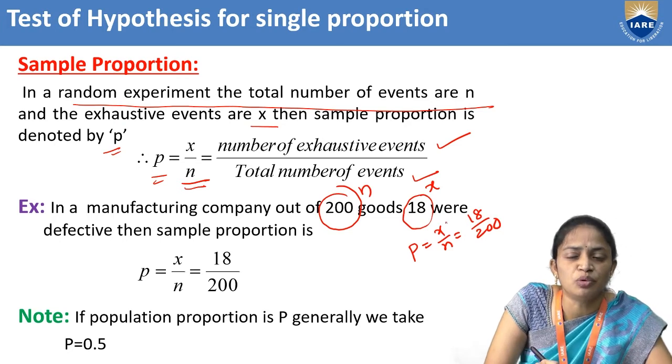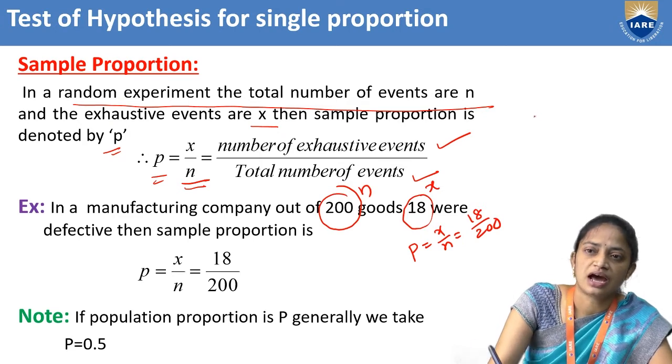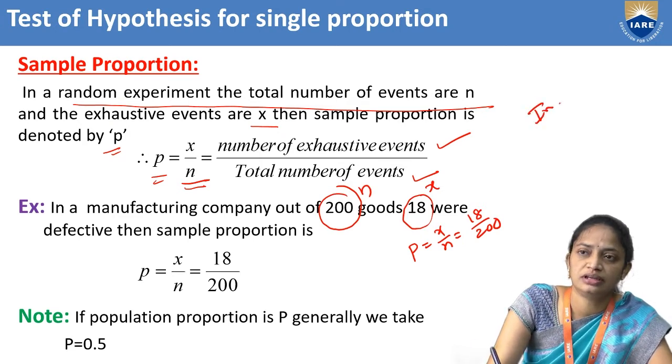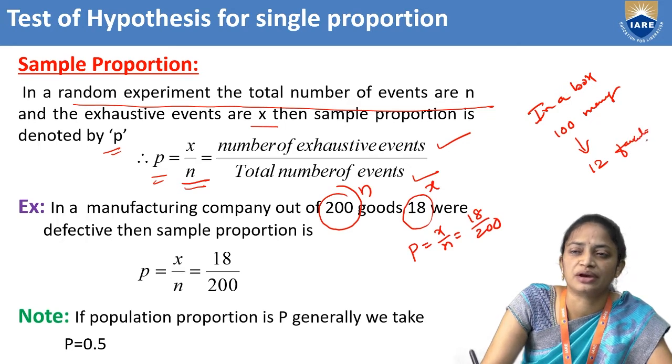Like that, one more example. In a box, there are 100 mangoes. In that, 12 mangoes are faulty, defective, bad, rotten mangoes.